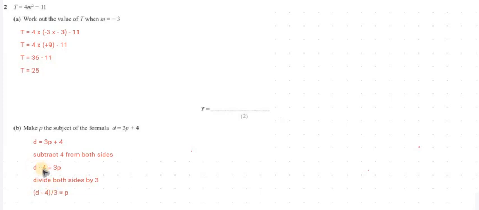So d minus 4, all divided by 3. That's why I put it in a bracket, because it's the whole thing, not just the 4. Pretty straightforward. The topic is subject of the formula. You want to brush up in the textbook and look at examples. That's what it's all about. Okay.